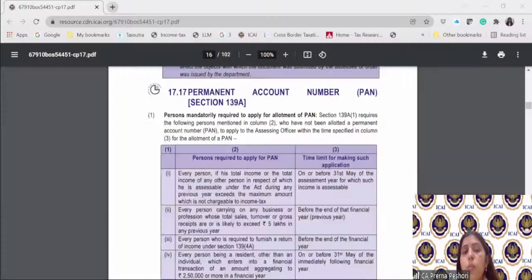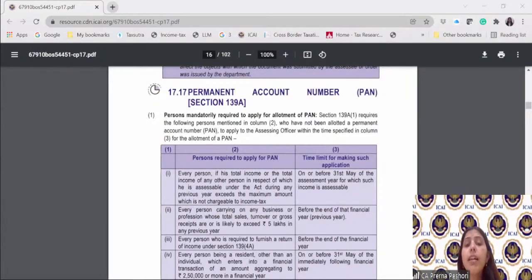So under 139A, every person, if his total income exceeds the basic exemption limit, is required to make the application for allotment of PAN on or before 31st May of the assessment year.